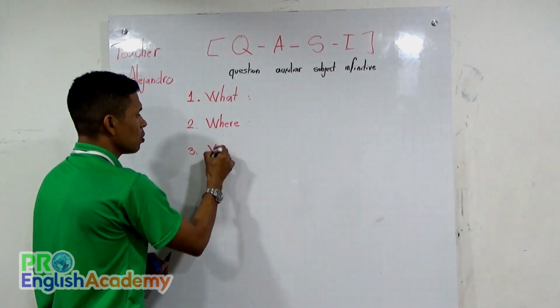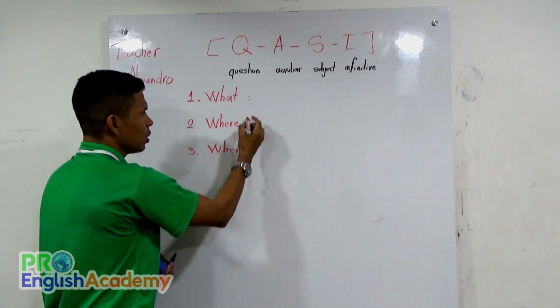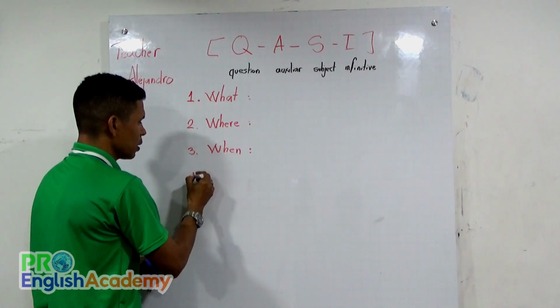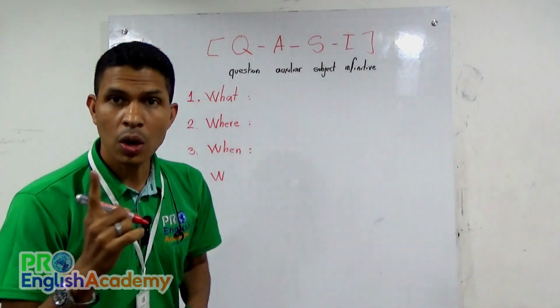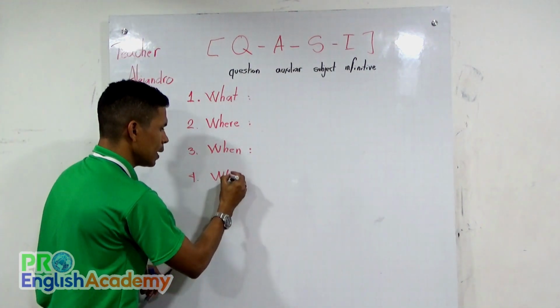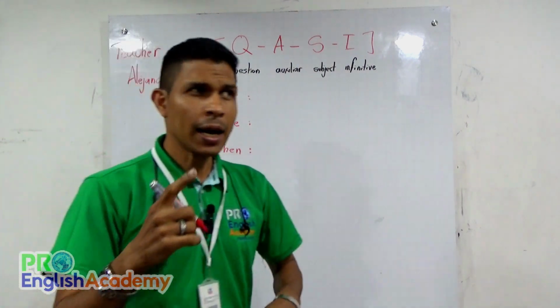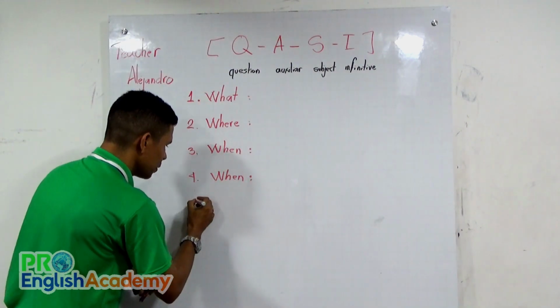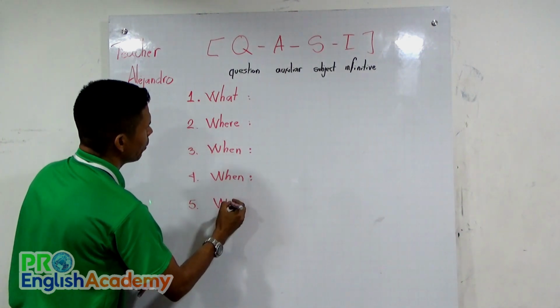It's going to be when. All right? Let's put here number three. Let's look at number four. Number four is going to be when. So let's look at when, right? And then we go with what, when, where.